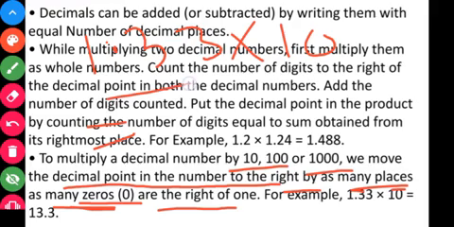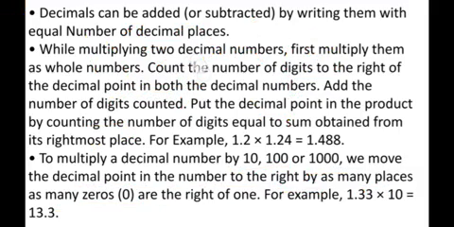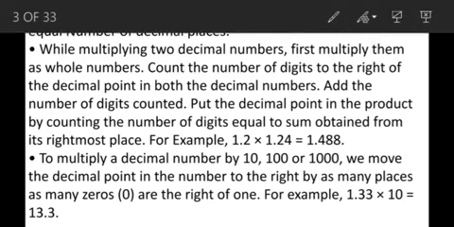When it is division, then it will move to the left side. So how many zeros are right of 1? Only one 0 is right of 1. So the decimal point will be shifted one place right. Okay, understand?